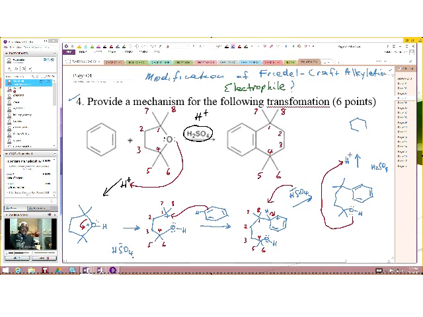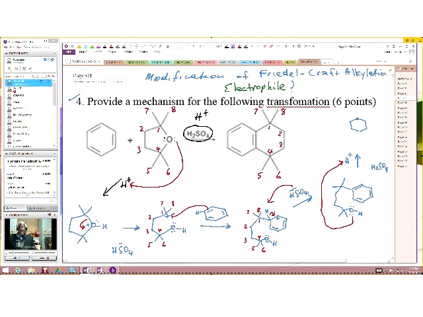When it donates the hydrogen, it becomes HSO4 minus. And that HSO4 minus comes here to grab this proton again. Now it goes back to H2SO4 again.